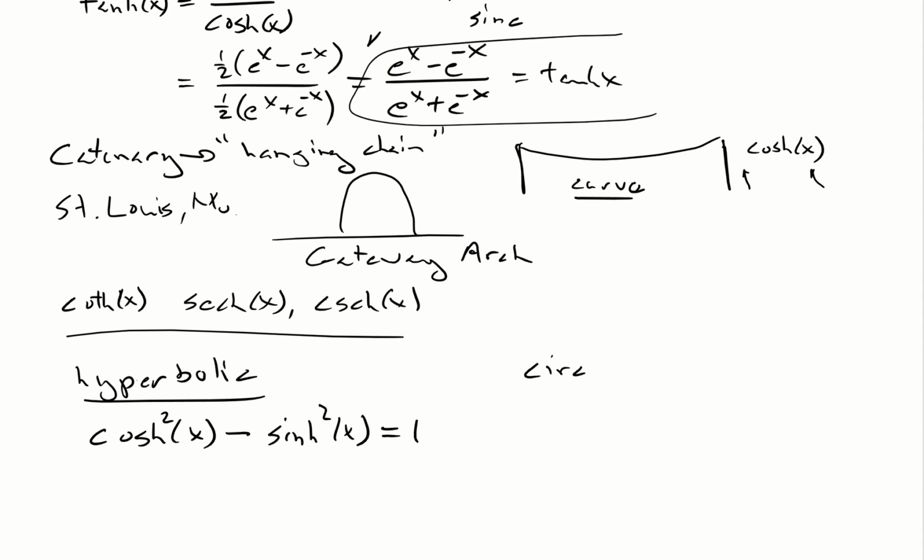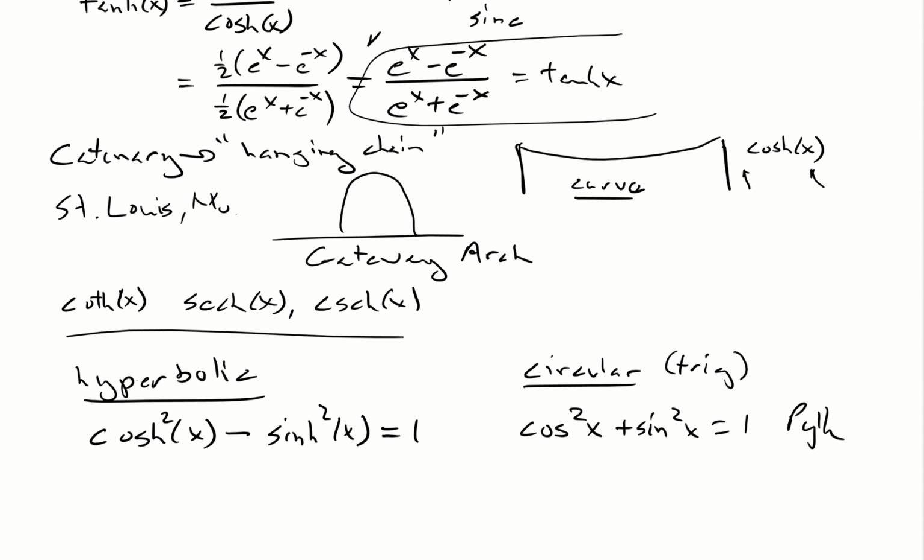Compare it to what we call the circular functions. That one is, if you take cosine squared, this is trig, and you add to it sine squared, you get 1. That's Mr. Pythagoras, right?